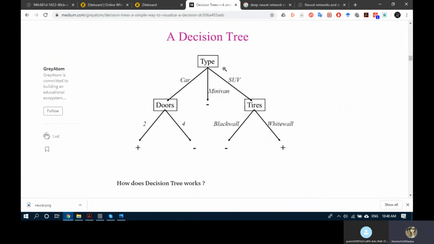This is a decision tree about a four-wheeler, more specifically, about a car.